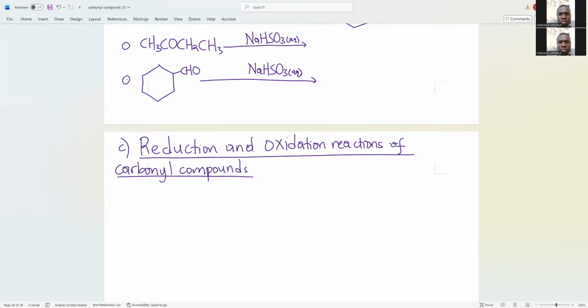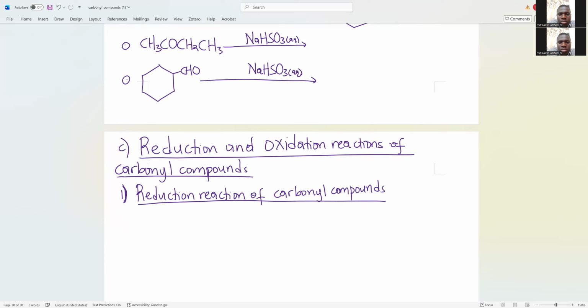So under this, we start with Roman 1, reduction reactions of carbonyl compounds. Let me see. I think I still have time.